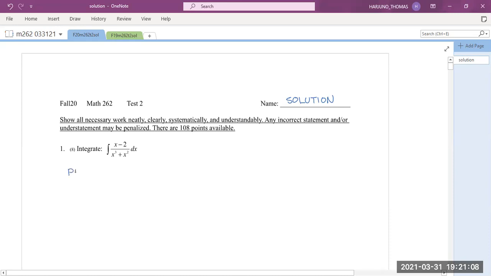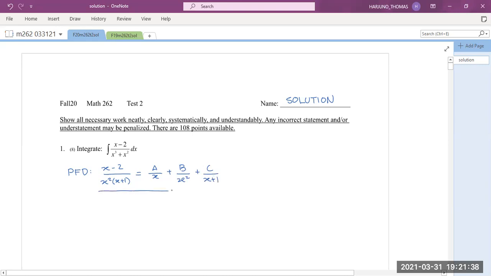Okay, so I will start the partial fraction decomposition procedure. You have x minus 2 over x squared times x plus 1. I factor it right away. So it will be something over x plus something over x squared plus something over x plus 1.